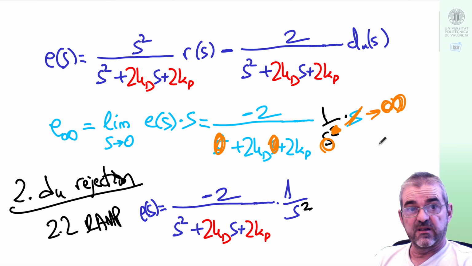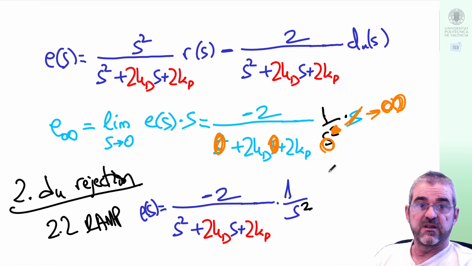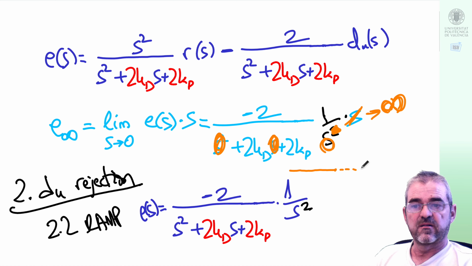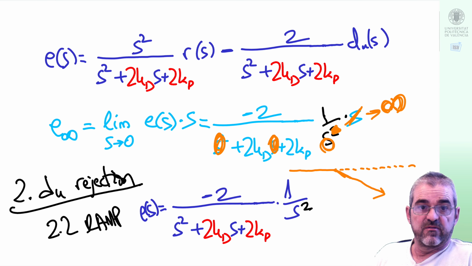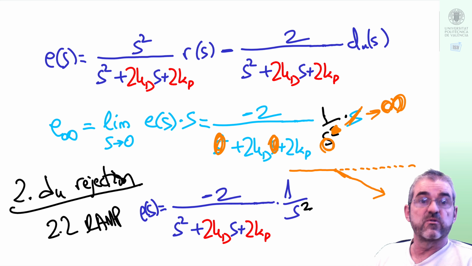So the error in principle will not be bounded, which again can be intuitively interpreted as: if suddenly I wish my drone to be here, but I get an ever increasing wind trying to move it, then it will start moving and go farther and farther away if the wind is further and further increasing with no bound.